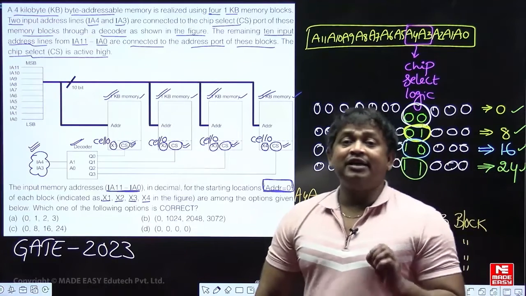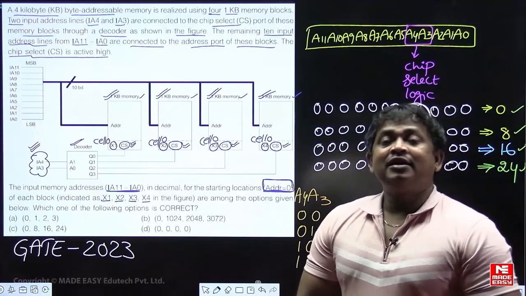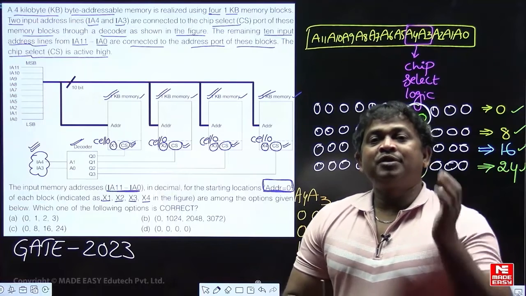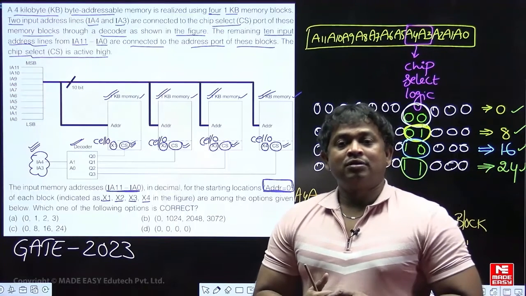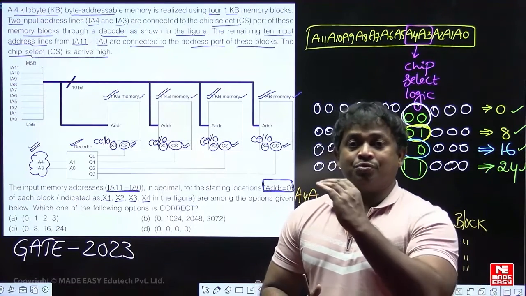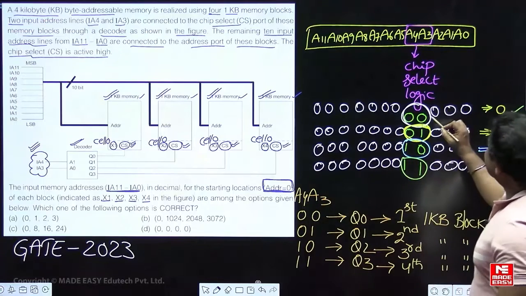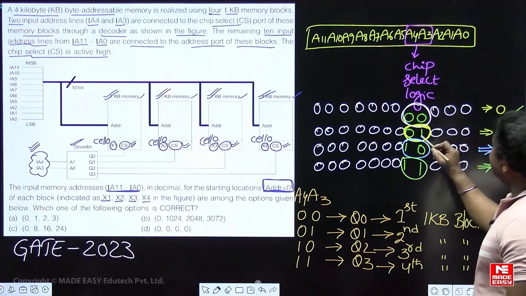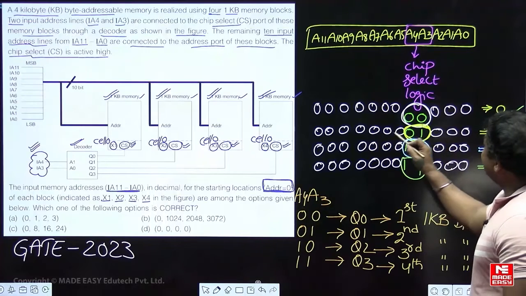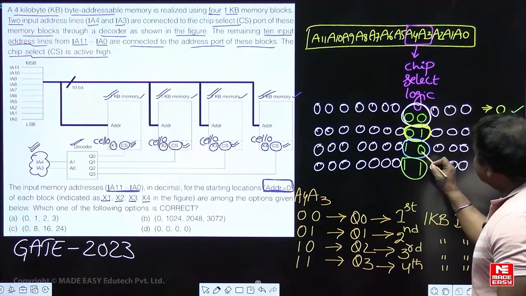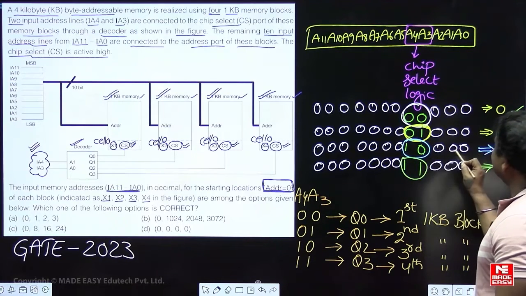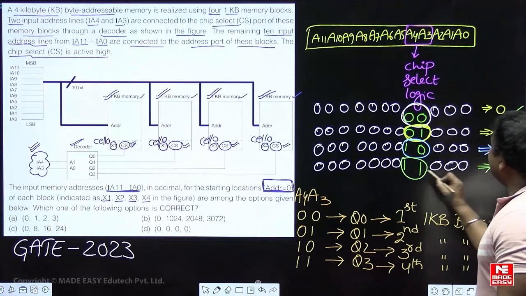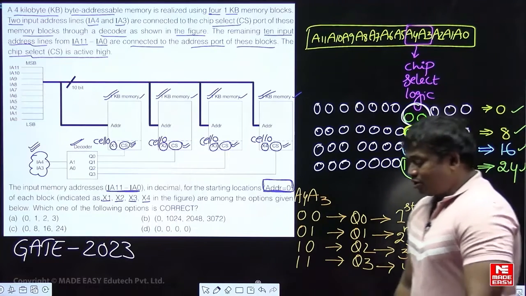So these are the address sequences in decimal to access the data from the 4 blocks with a starting address 0. You see this? This is the first 1 KB block starting address. This is the second 1 KB block starting address. This is the third 1 KB block starting address. This is the fourth 1 KB block starting address.